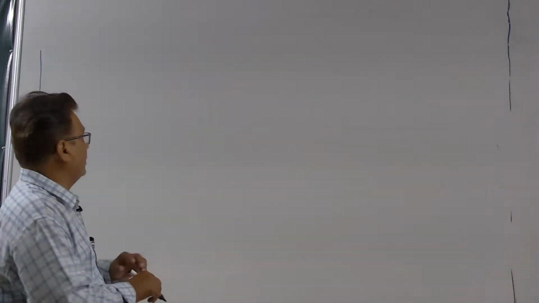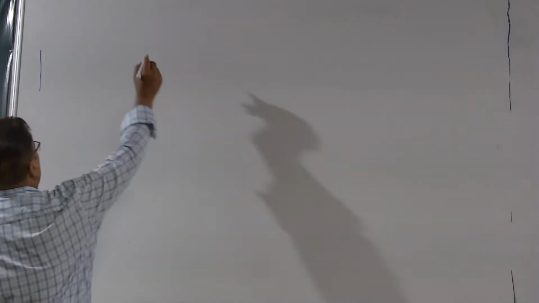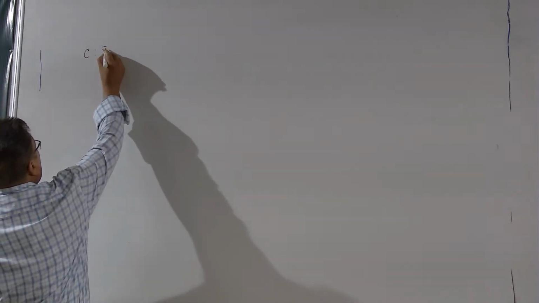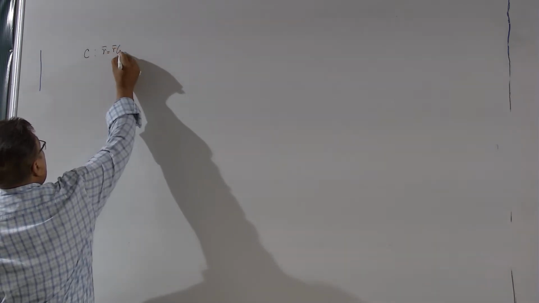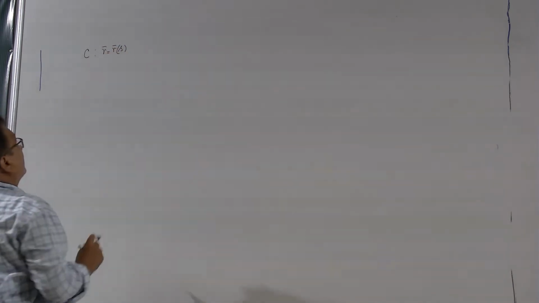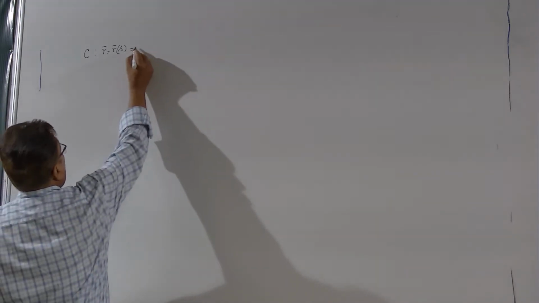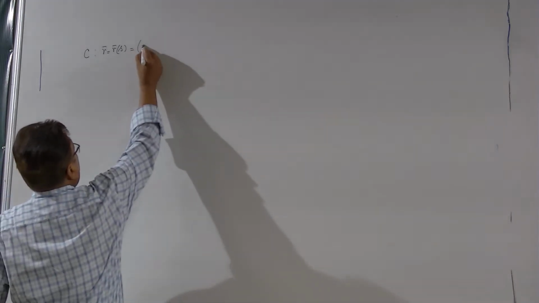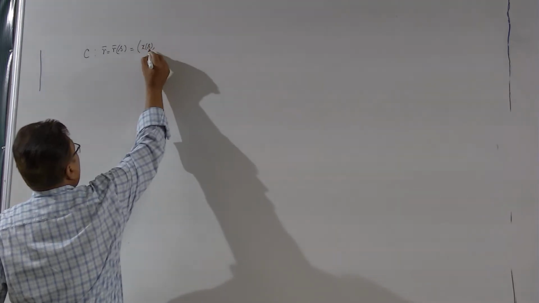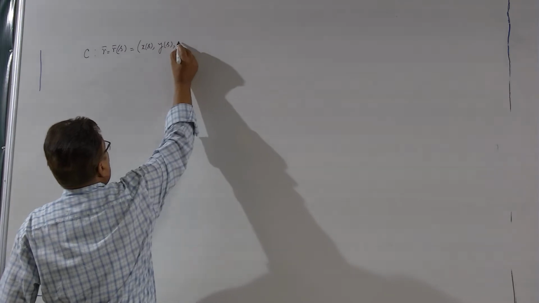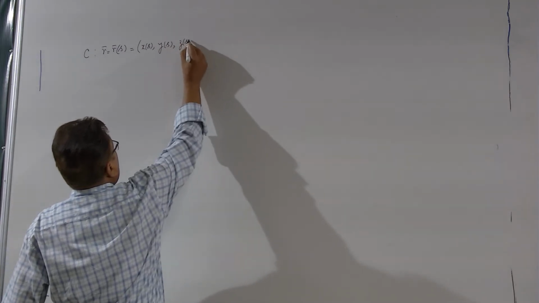So, let us recollect what we have done up till now. We have considered regular curves whose equation in natural parameter is written like this, and if I assume that it has components x, y, z, then you can also write x(s), y(s) and z(s).